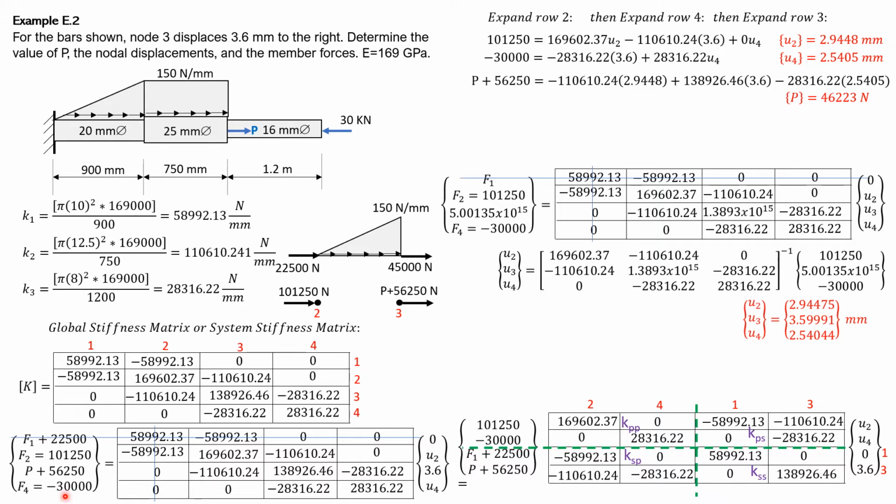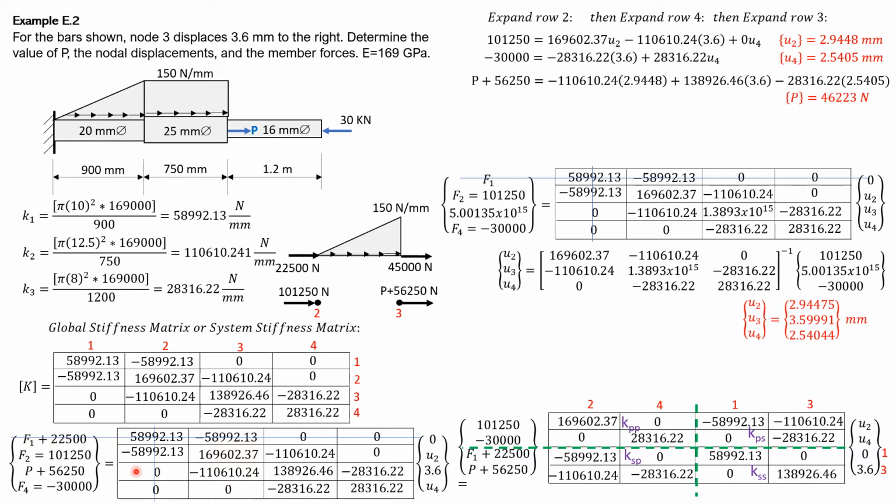Then expand row 4, negative 30,000 equals 0, 0, times U2, then negative 28,316.22 times 3.6 plus 28,316.22 times U4. So that's the equation after we expand row 4. There is only one unknown here, U4, so we can solve U4 as 2.5405 mm.